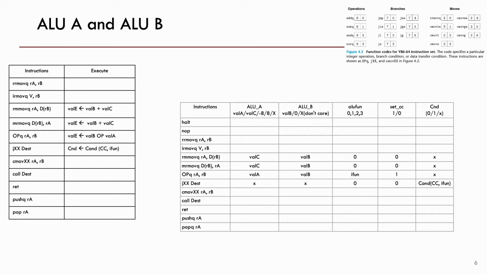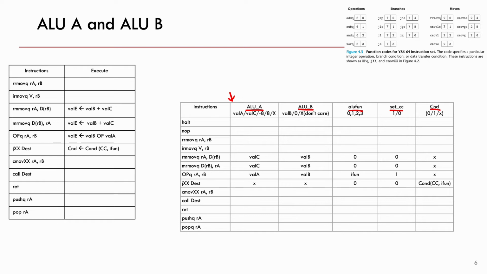Then let's put everything into the table on the right-hand side. It has control signals ALU A, ALU B, and ALU fun, which generate the input to the ALU, and we have a set CC module that generates input to the CC module, either 1 or 0, and a cond module which generates output for the jump or conditional move instruction.